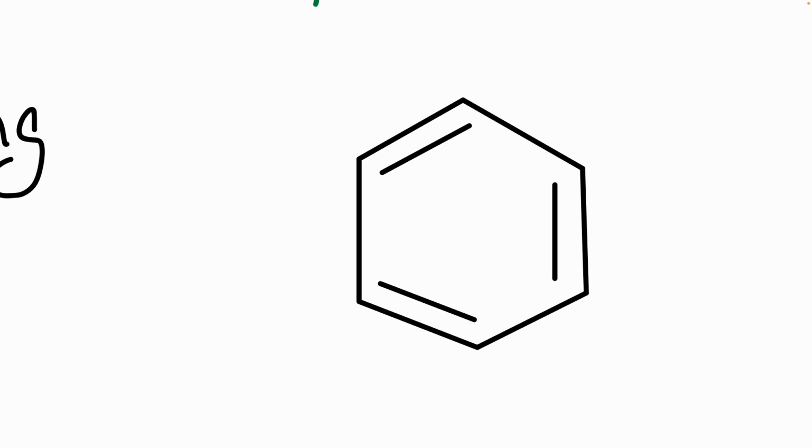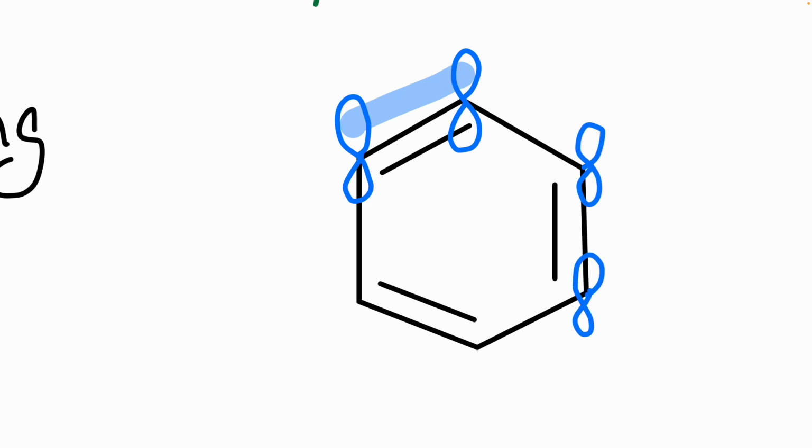We talked about this a little bit at the beginning, but really the key to conjugation is where those pi bond electrons live. They live in these p orbitals that are lined up right next to each other. Well, when we have an entire ring of sp2 hybridized carbons, all of a sudden every single one of them has that p orbital, and so these electrons do not stay localized in one place.